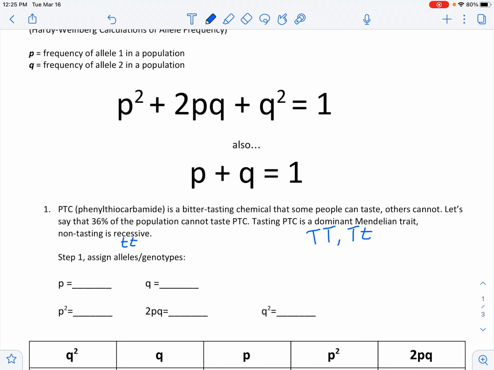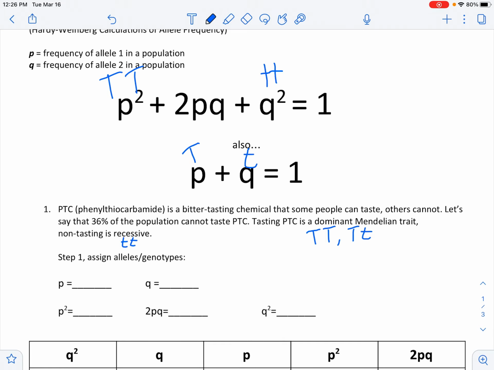In this equation, p squared is just saying capital T capital T, that's the genotype, because there are two capital T's. P as an allele is just one capital T, versus q squared, which is the lowercase t genotype. And therefore just lowercase t would be q.